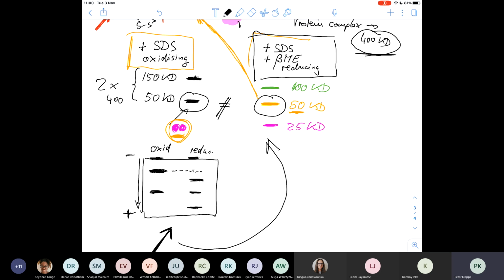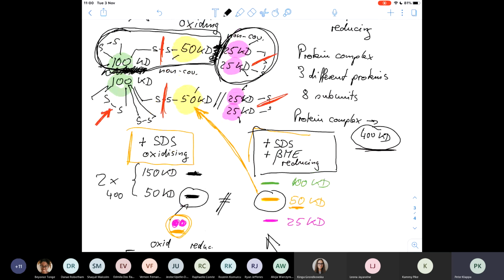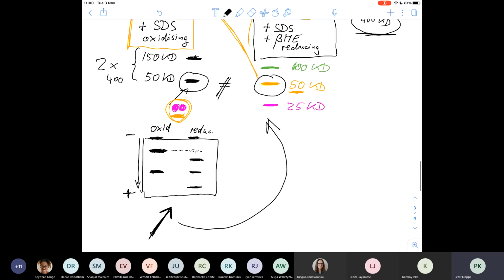Actually, when you are in your final year, you will do a module on protein structures. And this is actually a problem question from the final year, where you have to propose a structure or a composition of a protein complex just on the basis of an SDS gel under oxidizing and reducing conditions.